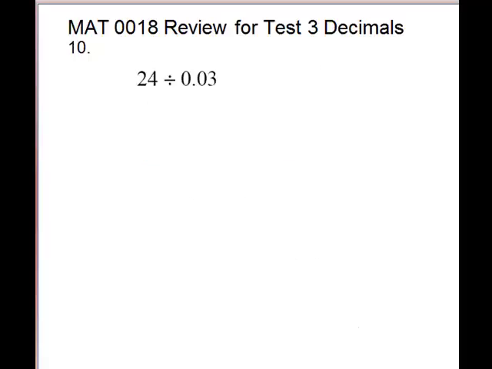Next we have 24 divided by 0.03. So we have to set up with long division. 0.03 on the outside. We're going into 24. Your first step is get rid of any decimal in the divisor. It has to move to the end.